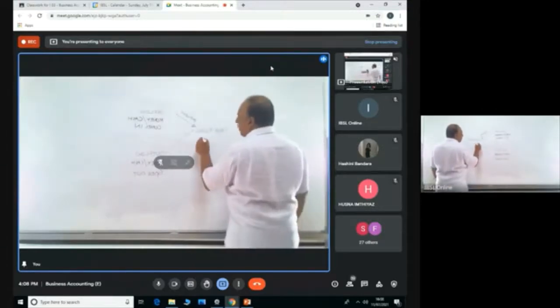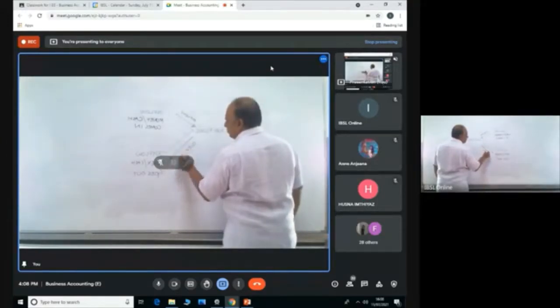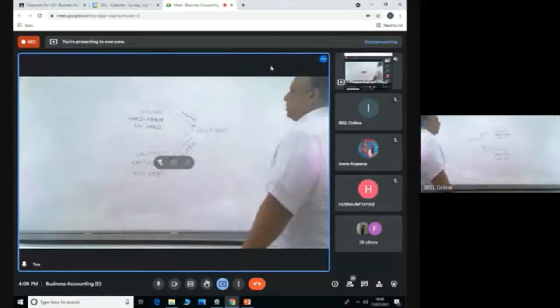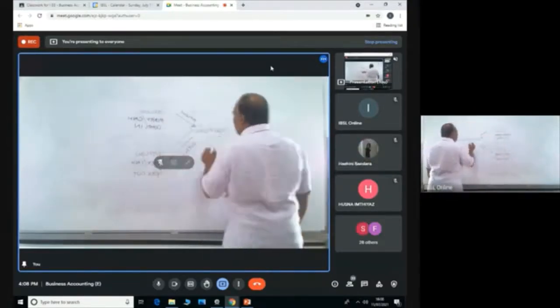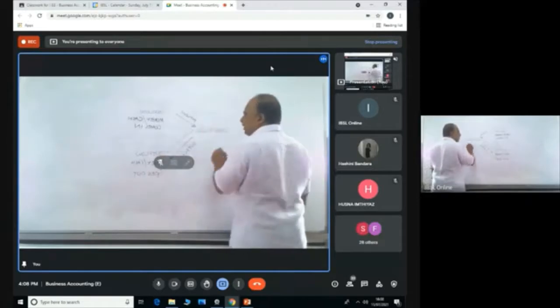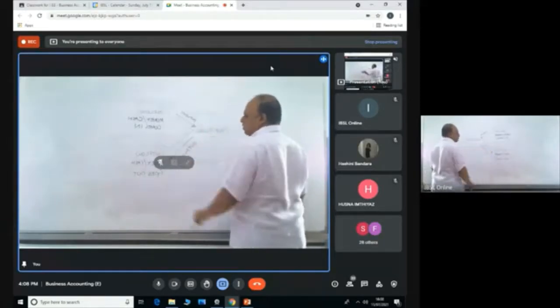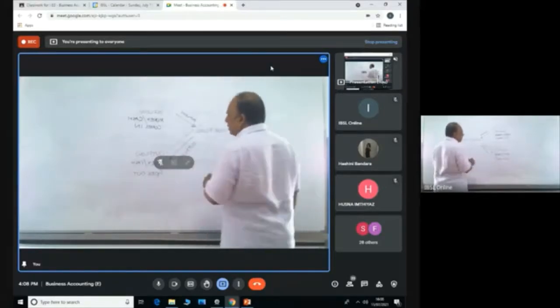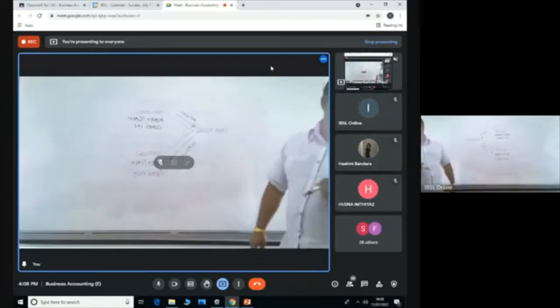So if you are the business, this is how it happens. Money that is coming in or the cash that is coming in is a cash inflow. The money that is going out of the business or the cash that is going out of the business is a cash outflow. Right? Just take down this.